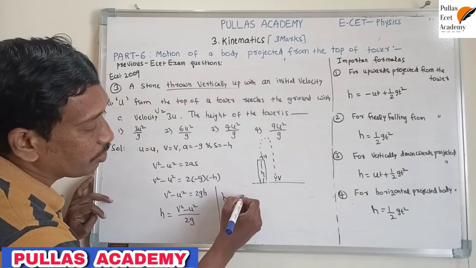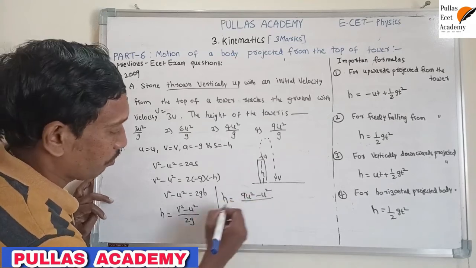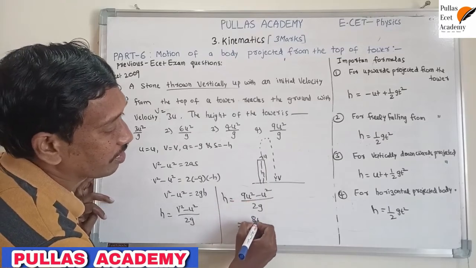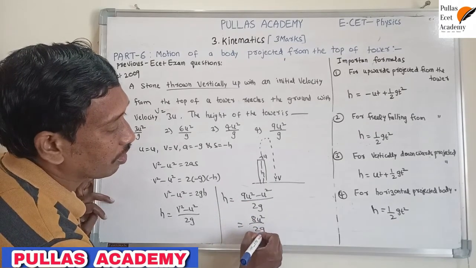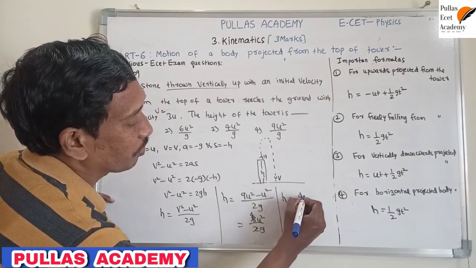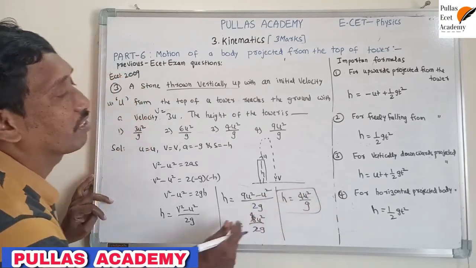Instead of v write 3u whole square, that means 9u square minus u square by 2g. 9u square minus u square is 8u square by 2g. The 2 fours are 8, so the height of the tower is 4u square by g.